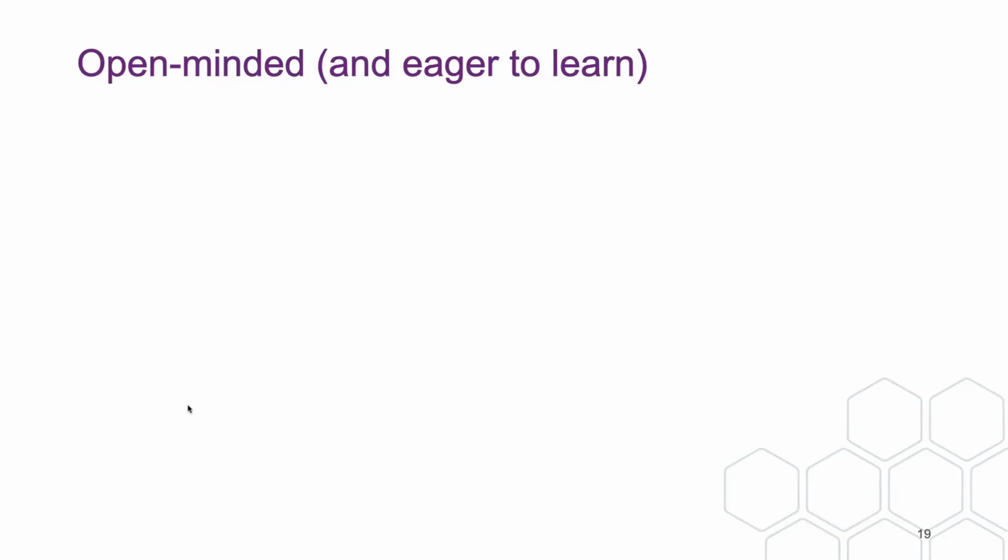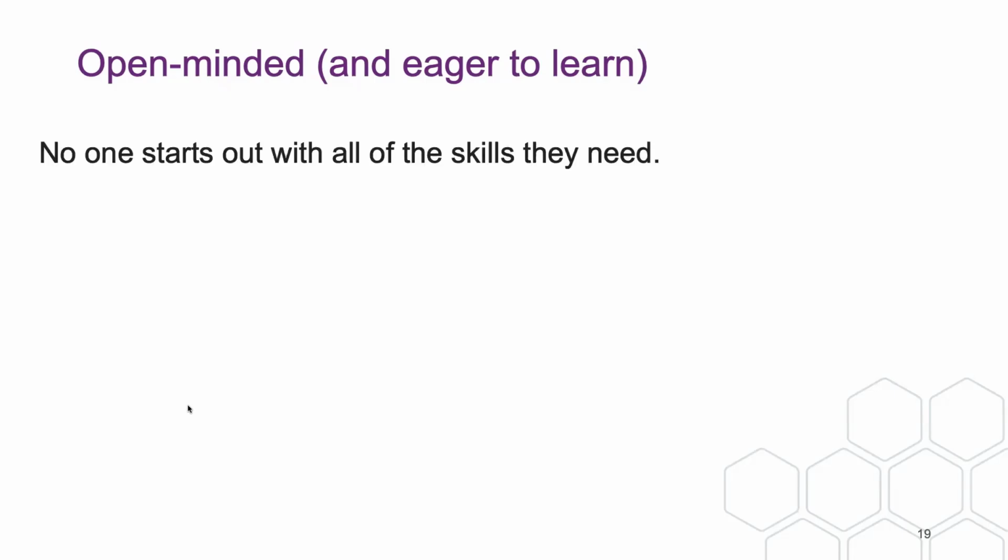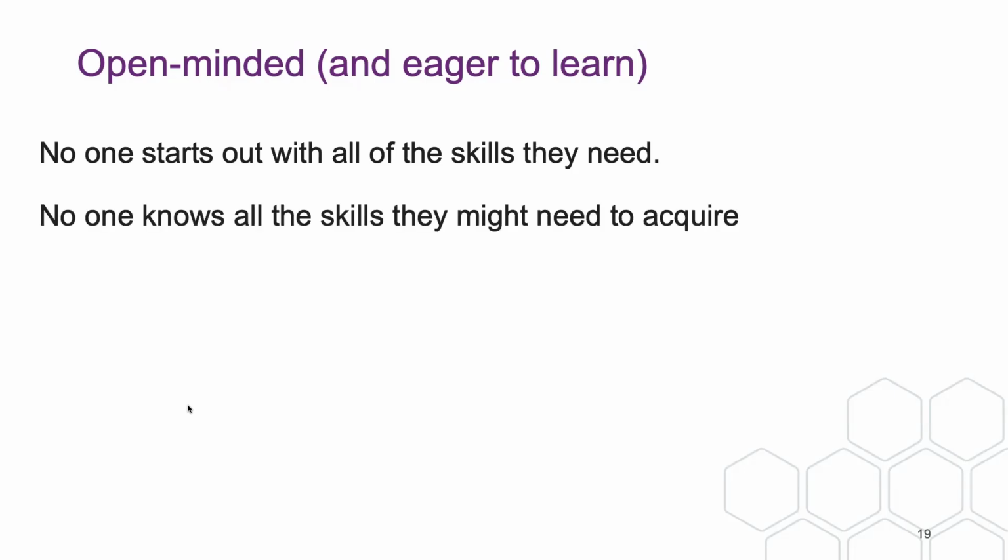I can tell you, as someone that has moved away from a social science field to doing more CSS type stuff, it can seem pretty intimidating at first. You might just have that perception of, oh, I don't have a coding brain, and that's why it's good to remember that no one's going to start out with all of the skills that they need, nor are you going to know all of the skills that you might need to acquire. And that happens quite a lot.